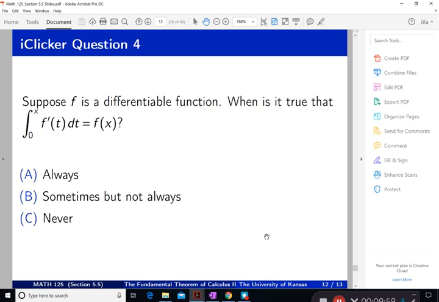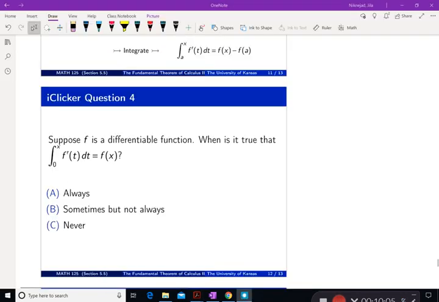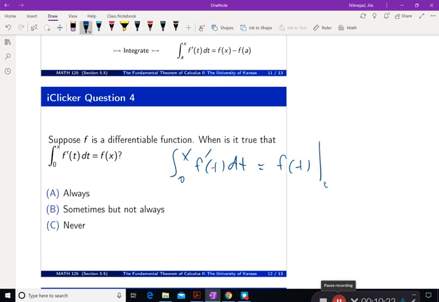The fundamental theorem of calculus told us that the integral from 0 to x of f prime of t dt is equal to the antiderivative of f prime, which is f of t, evaluated at 0 and x. And so this is going to be f of x minus f of 0.